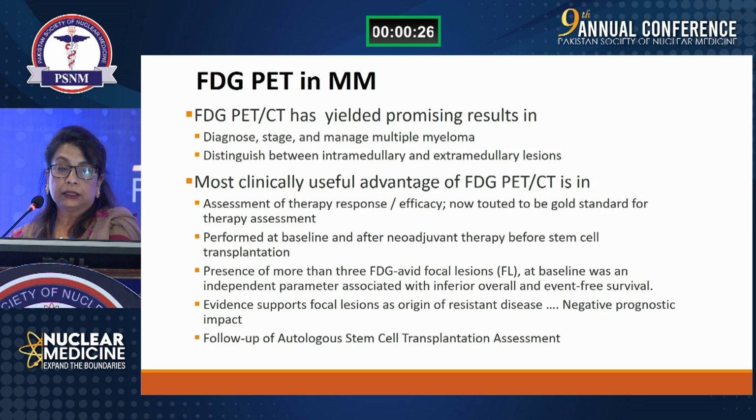So PET-CT in multiple myeloma has yielded promising results in diagnosing, staging, and managing multiple myelomas. Like I said, it has the ability to distinguish the intramedullary and the extramedullary lesions.